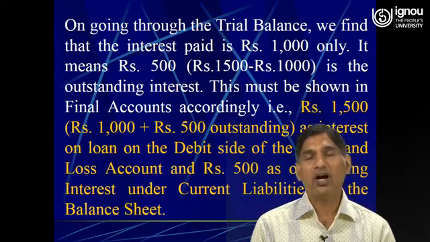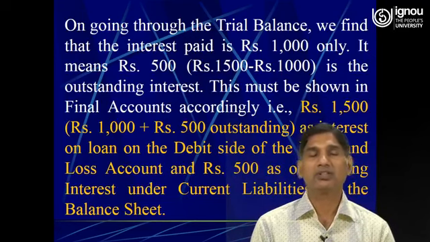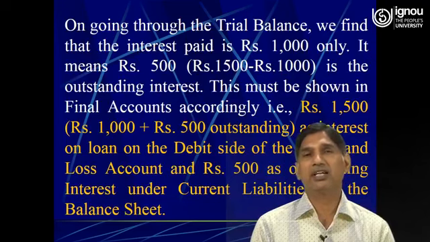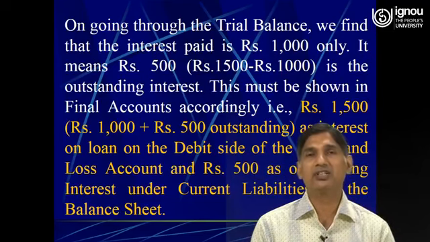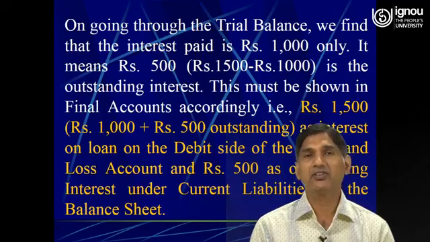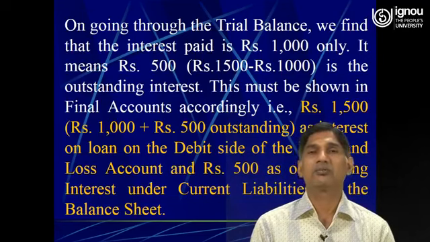Now how will we treat it while preparing the financial statement? It's as simple as we have discussed in the previous lecture. While preparing the trading profit and loss account, the amount of rupees 500 as outstanding interest will be charged on the debit side of the profit and loss account.